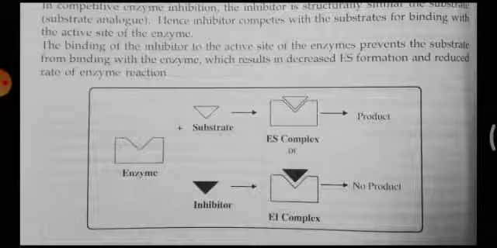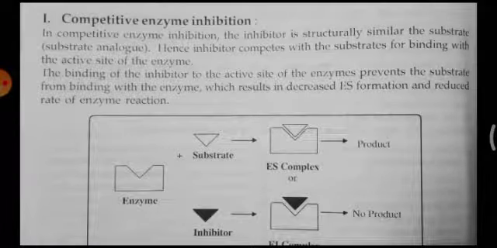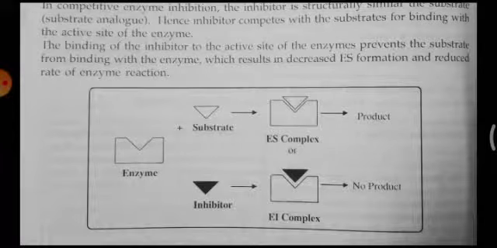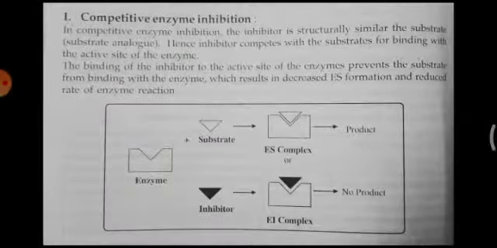This is competitive enzyme inhibition. The substrate and inhibitor are both competing for the single binding area of the enzyme, that is the active site. So this process is called competitive enzyme inhibition.